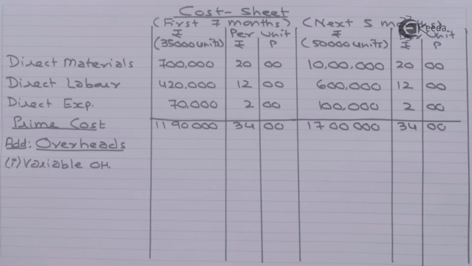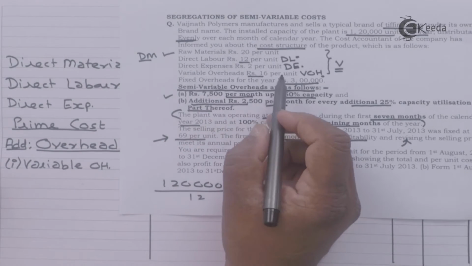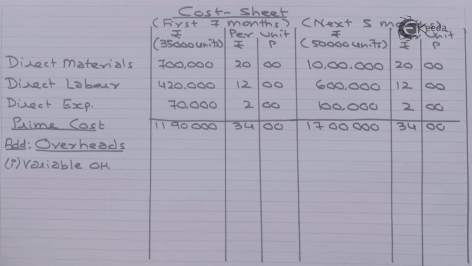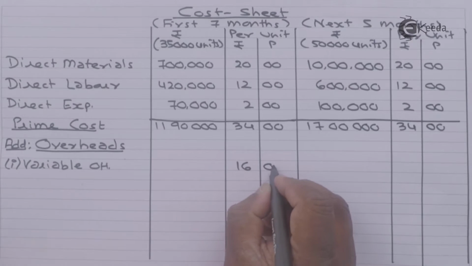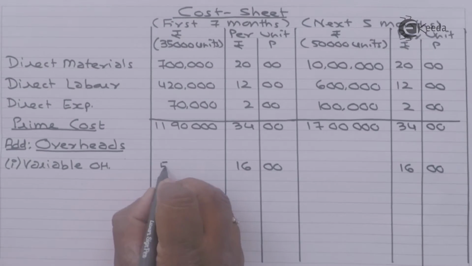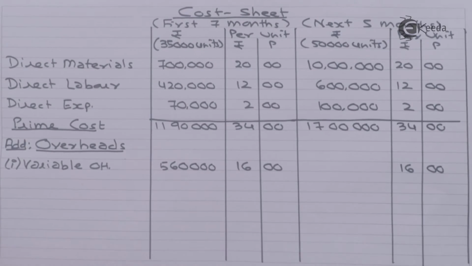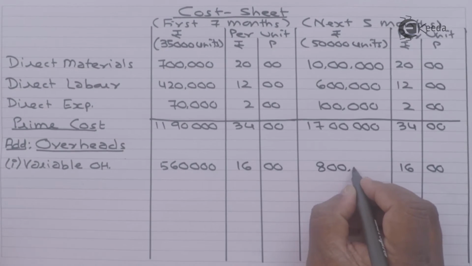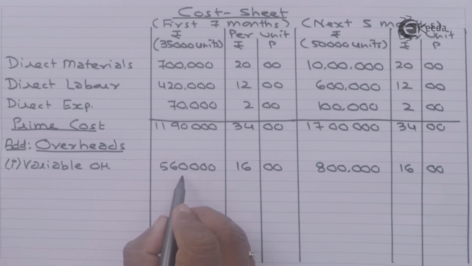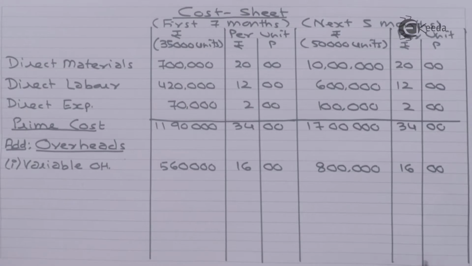First, variable overheads, which are completely variable. Variable overheads are rupees 16 per unit. During the first 7 months it will be 5,60,000. During the next 5 months it will be rupees 8 lakhs.